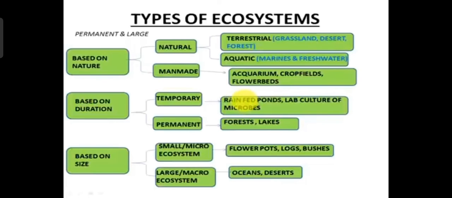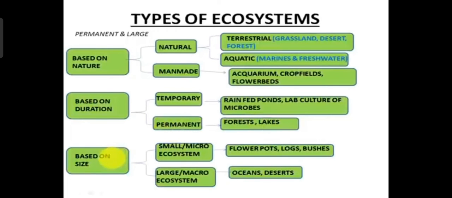Like during rains, the rain-fed ponds will become an ecosystem. A lab culture of microbes will also become a small ecosystem, only in that small container in which the species is being cultured. The next type is a permanent ecosystem, which will be forests and lakes, again a kind of natural ecosystem because it's permanently available.